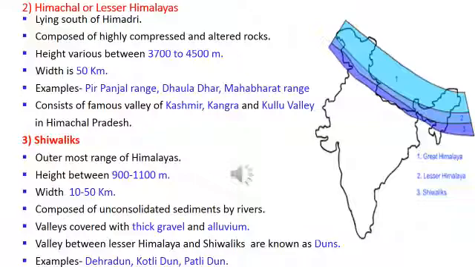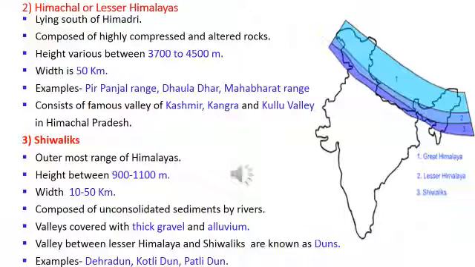The third category of Himalayas is Shivaliks. The outermost range of the Himalayas is called the Shivaliks. They have an altitude between 900 and 1100 meters and extend over a width of 10 to 50 km.